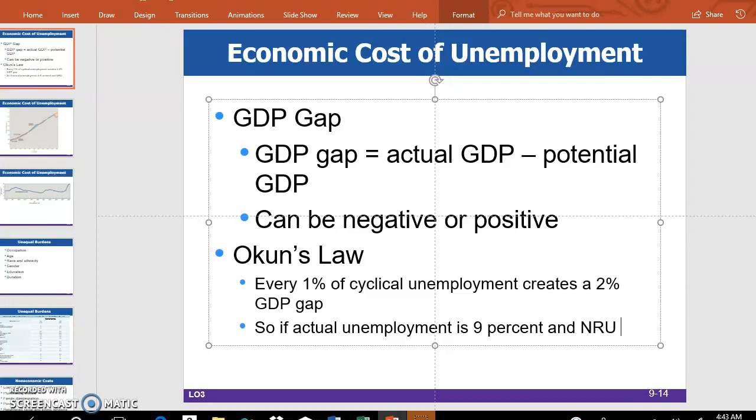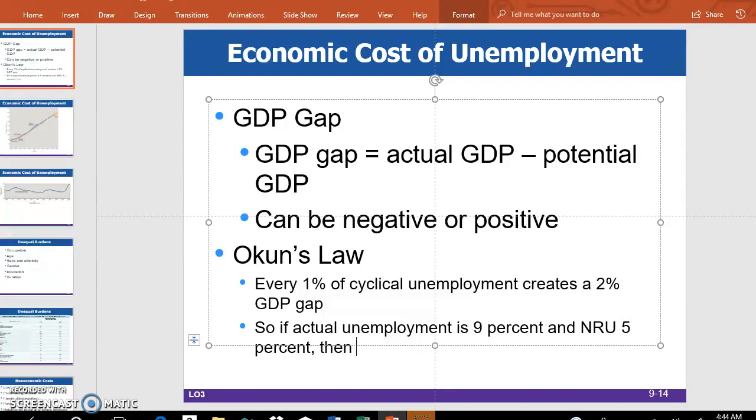And in NRU, we assume that cyclical unemployment is zero, right? But in actual unemployment, we have all three components. We don't assume that cyclical unemployment is zero when we are talking about actual unemployment. Therefore, the difference between actual unemployment, which is 9%, and NRU, which is supposed to be say 5%, right?